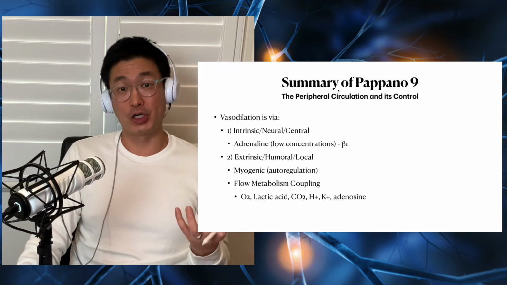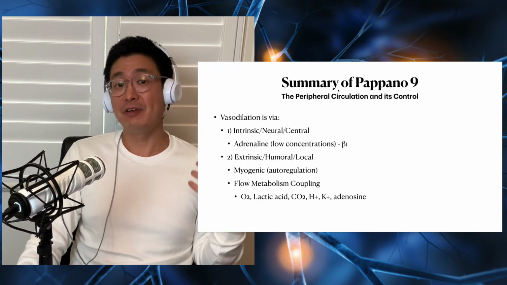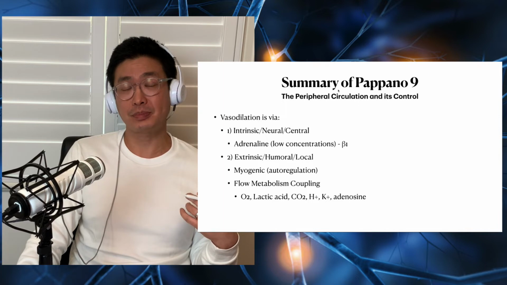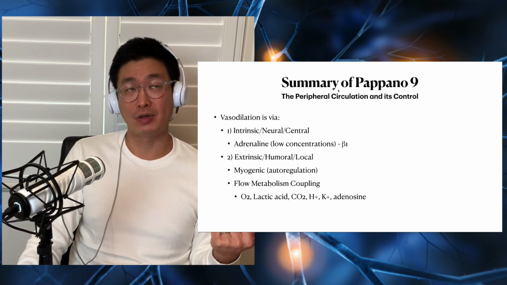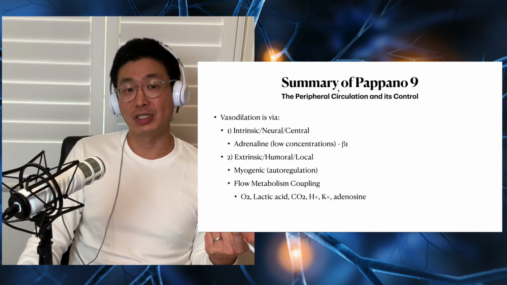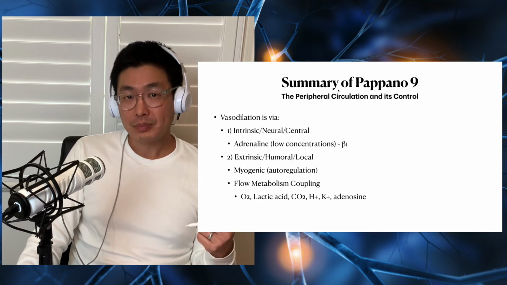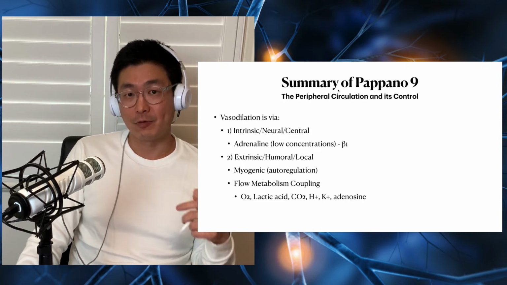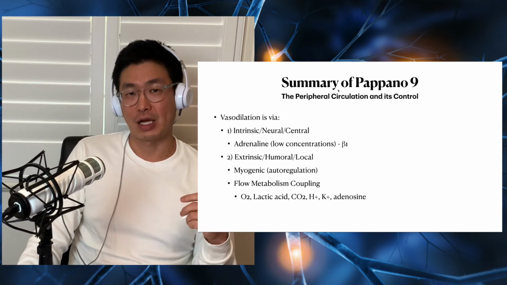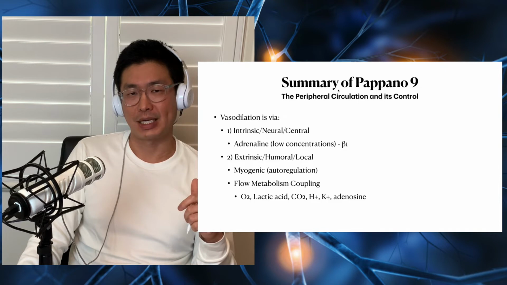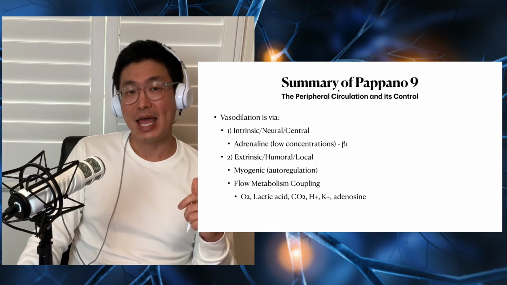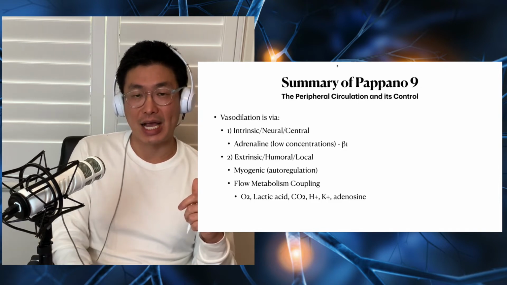Now, vasoconstriction is a major part, and vasoconstriction will occur via noradrenaline on alpha 1, angiotensin 2, endothelin, vasopressin. But for this question, I'm just going to focus on vasodilation, and that's really just with low dose adrenaline. Okay, but you can see that extrinsic actually plays a much bigger role.